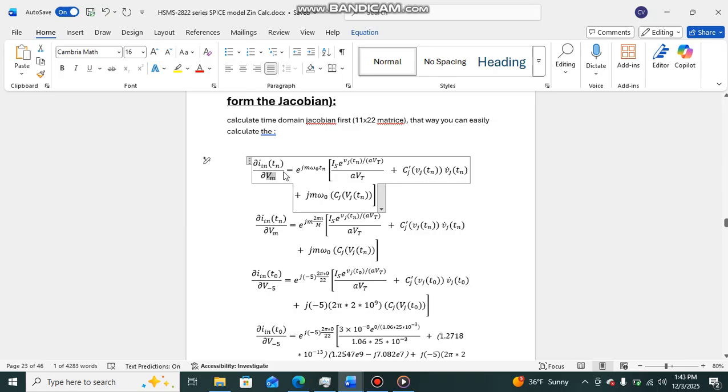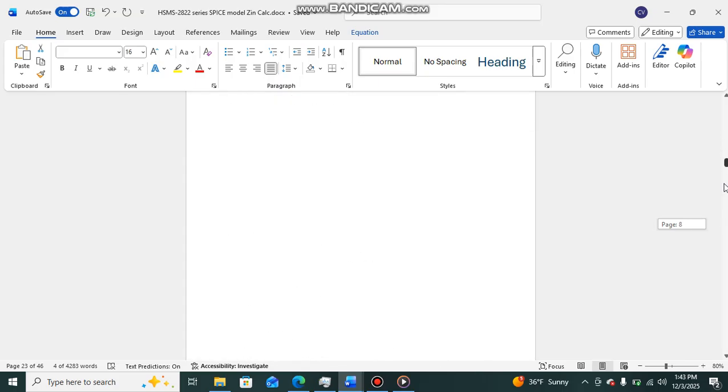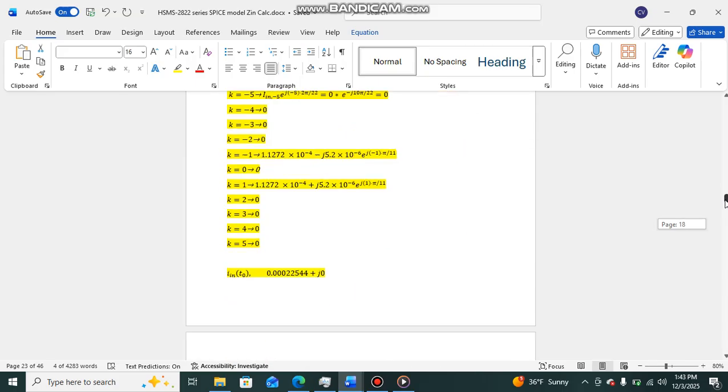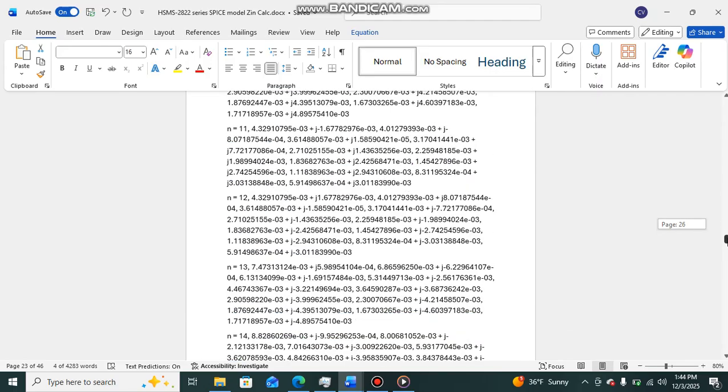So when we change the harmonics a little bit, we will figure out what our input current would be. So how did I get this equation here? So from this one, so In of Tn, let's not go up there. Alright.